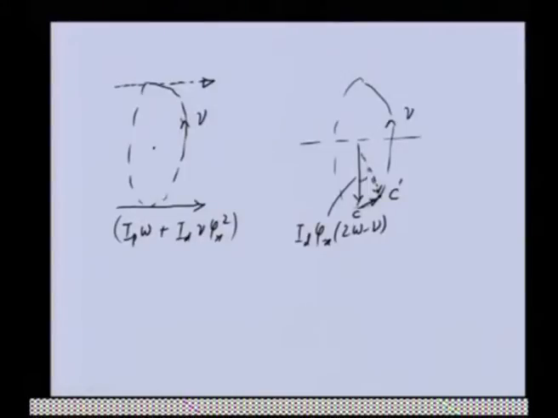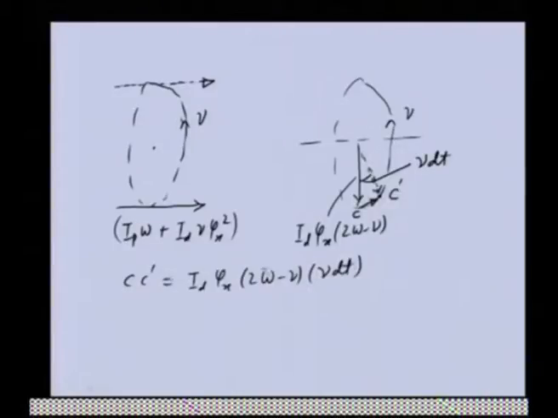And we know that this angle is nothing but nu into dt, because the whirling frequency is nu, and for delta time t this particular angle will be nu into delta t. So you can see the change in the angular momentum, CC prime, will be given as Id phi x (2 omega minus nu) into this angle nu dt.